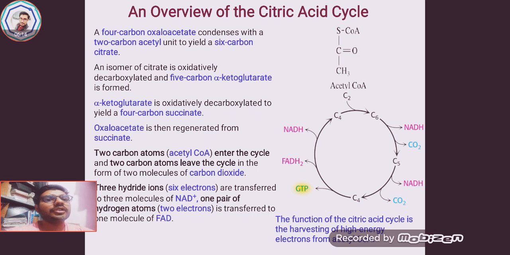An isomer of citrate is oxidatively decarboxylated and 5-carbon alpha ketoglutarate is formed. Then alpha ketoglutarate is oxidatively decarboxylated to yield a 4-carbon succinate.